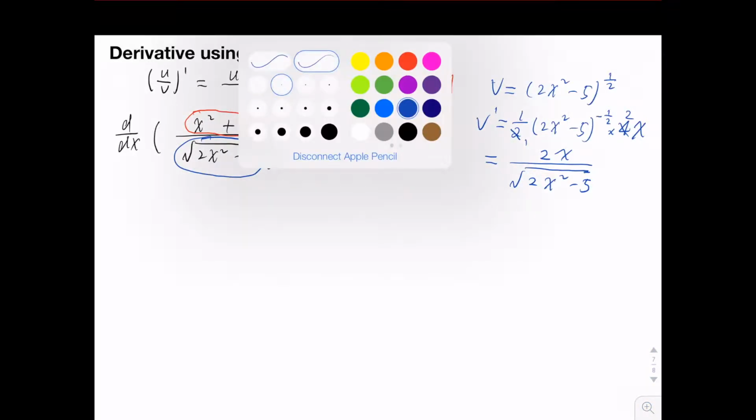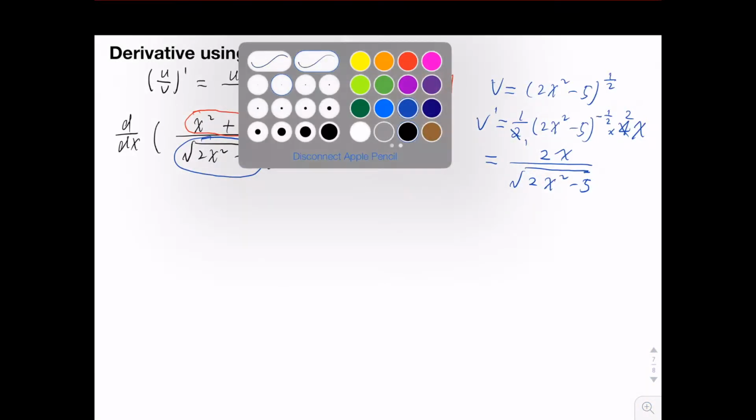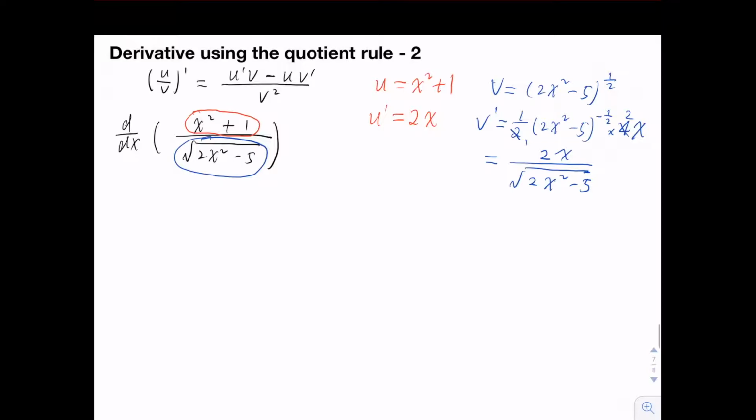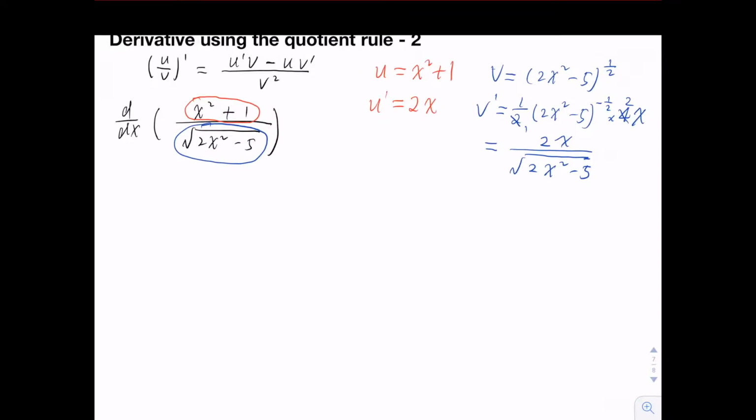So now let's go back to the question here. The top is going to be u dash v. So u dash is 2x and the v is the square root of 2x squared minus 5.